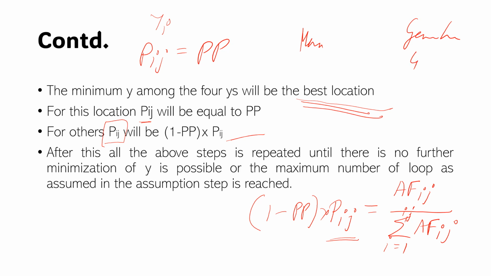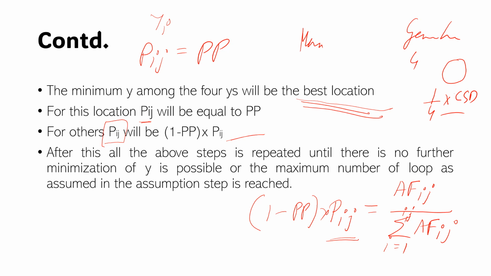Again you generate 4 populations within the constraint search domain, not the whole search domain, but 1/4 of the search domain that I have already discussed. And then again you calculate those things, Pij, Pp, alternative fitness, all these things. Again try to find the minimum y among all those y and the minimum y of that previous iteration. And that minimum y will be the best location.